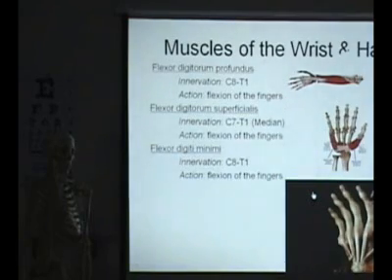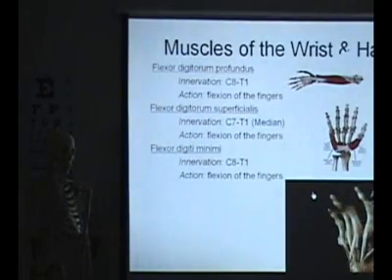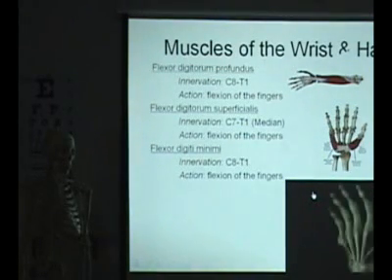The action of flexor digitorum superficialis is to flex the proximal IP joint and the MP joint. The action of flexor digitorum profundus is to flex both the IP joints and the MP joint.